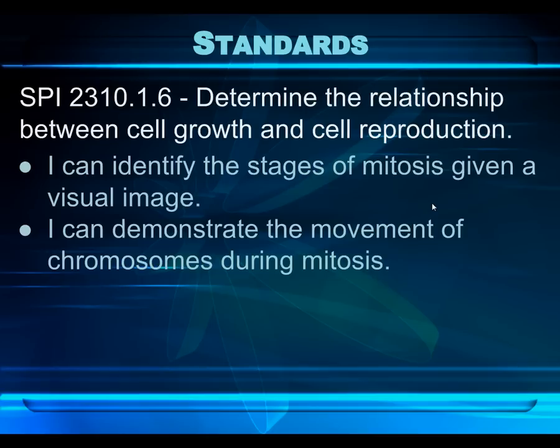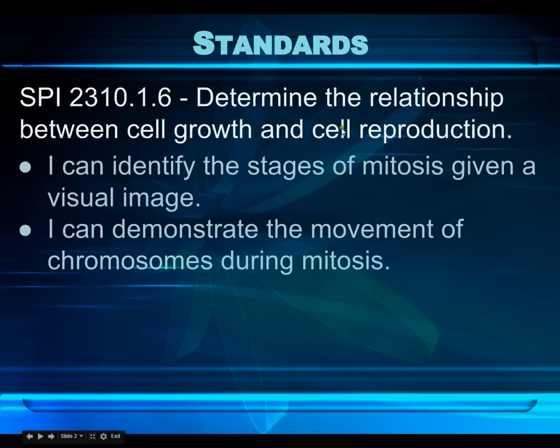The standards that go along with mitosis: we're still working on 1.6, which is to determine the relationship between cell growth and cell reproduction. You've already done the notes on the cell cycle, so you've talked about when the cell grows, when the copy of the DNA is made, and it's two separate growth phases.